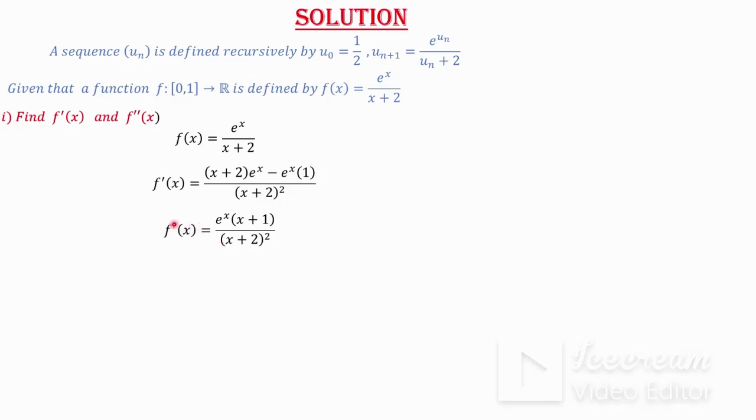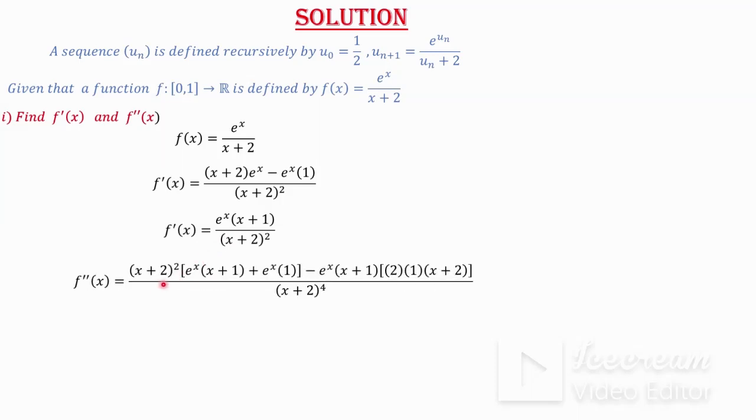Since f prime of x is a rational function, we are still going to differentiate using the quotient rule. So differentiating f prime of x, we obtain f double prime of x equal to x plus 2 squared times e to the x times x plus 1, plus e to the x times 1, minus e to the x times x plus 1 times 2 times 1 times x plus 2, divided by x plus 2 raised to the power 4.